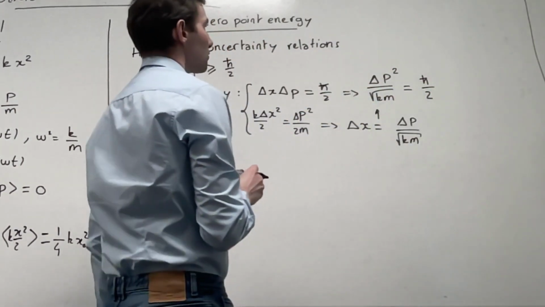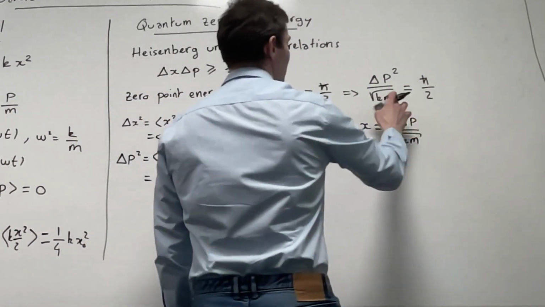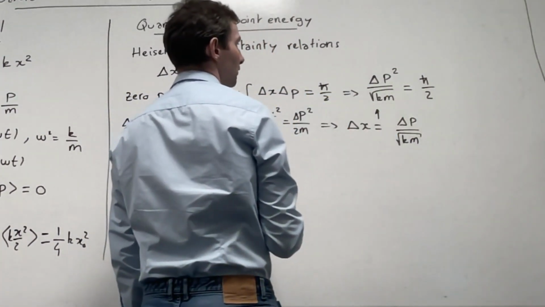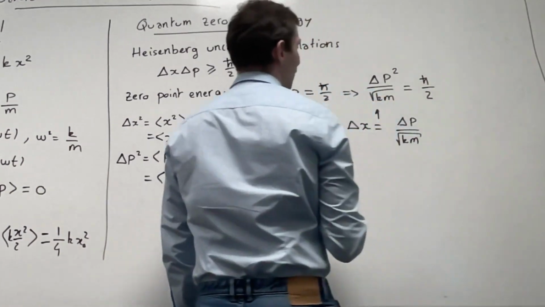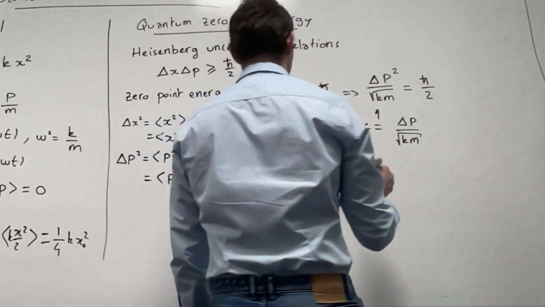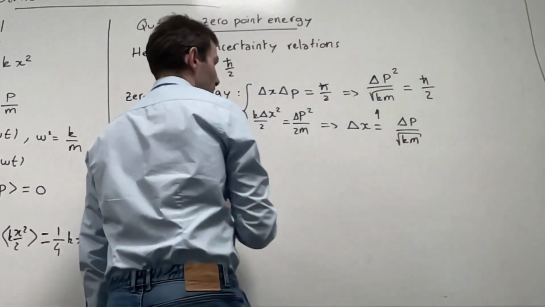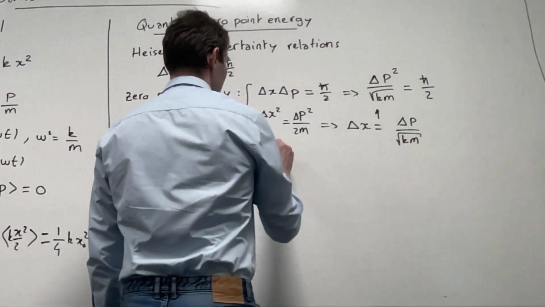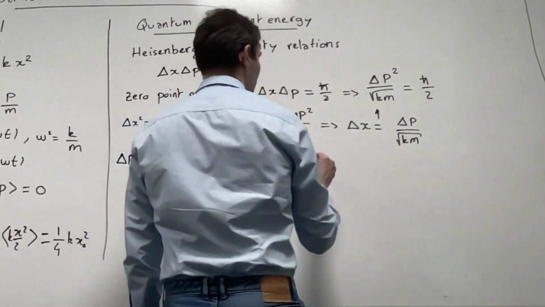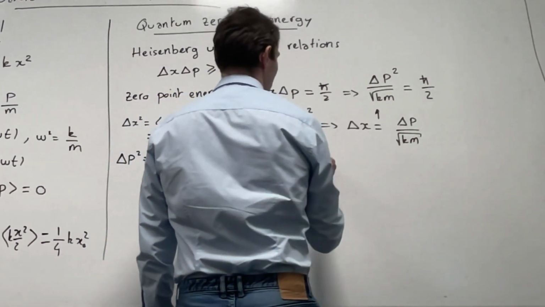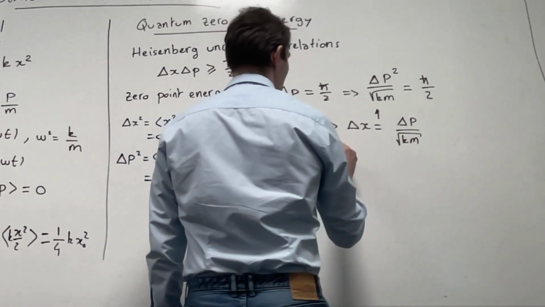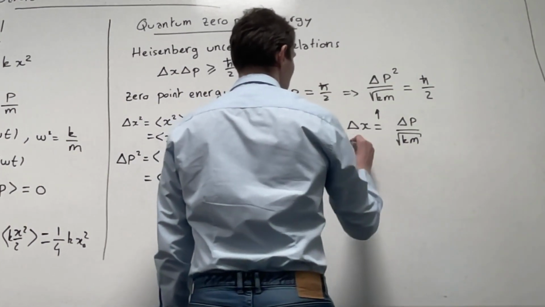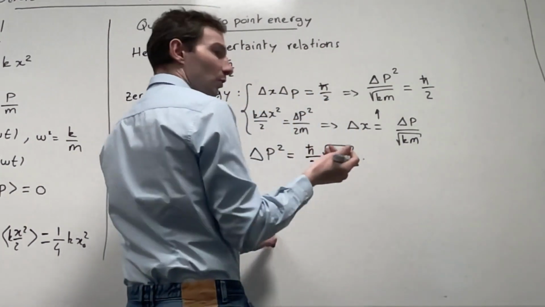So I've got delta p squared divided by the square root of km is equal to h bar over 2. So then I can put all of this together. Therefore delta p squared is equal to h bar over 2 times the square root of km. So what does that give us?